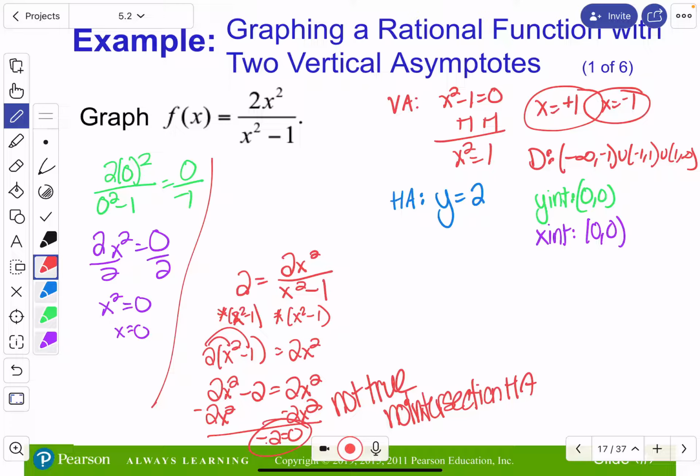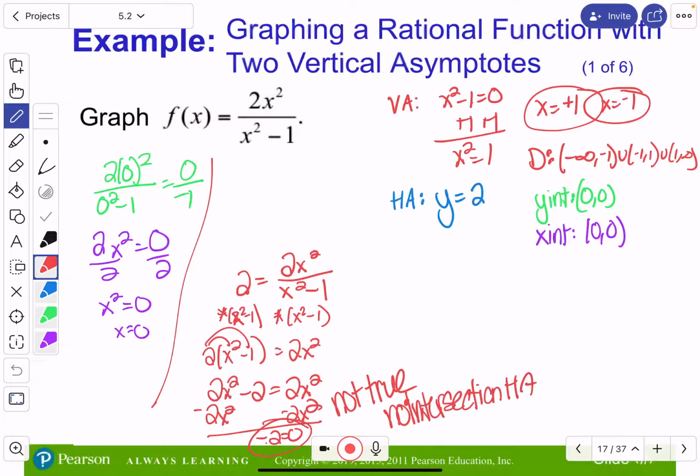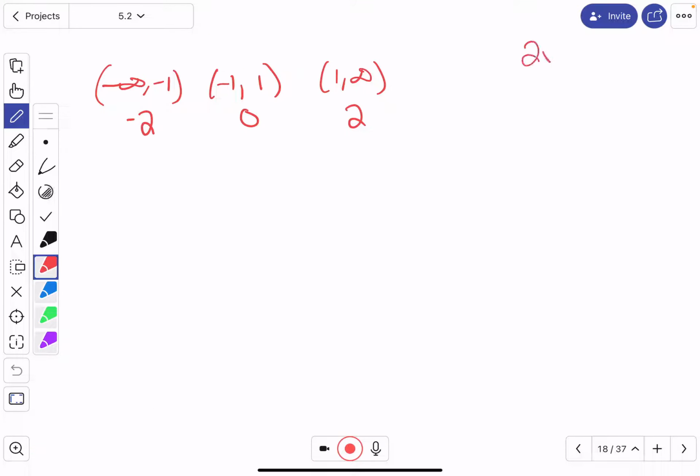Now we're going to test our intervals. So it's just our domain since there's no intersection point. So we have -∞ to -1, -1 to 1, and 1 to infinity. So we could test -2, 0, and 2. So let's see. If I plug -2 into our original equation, 2x² over x² minus 1. So again, you can do it by hand. You can put it in your calculator. It's completely up to you how you want to plug these in.